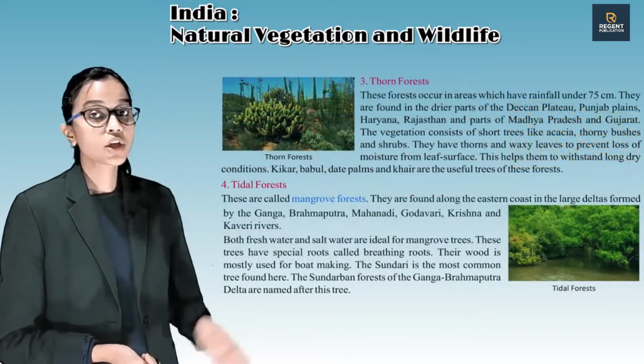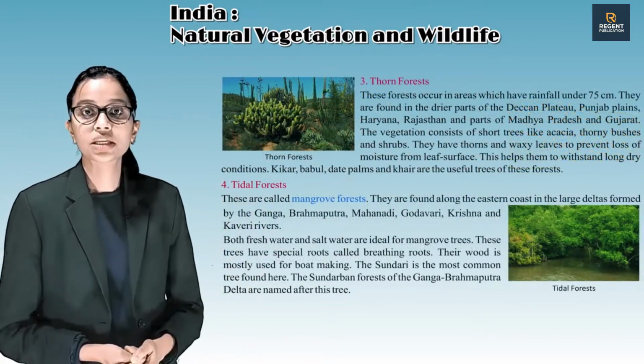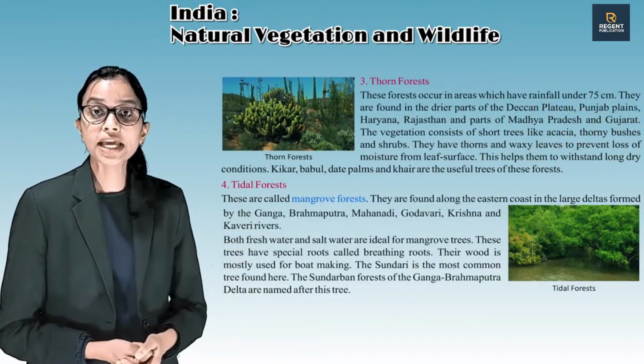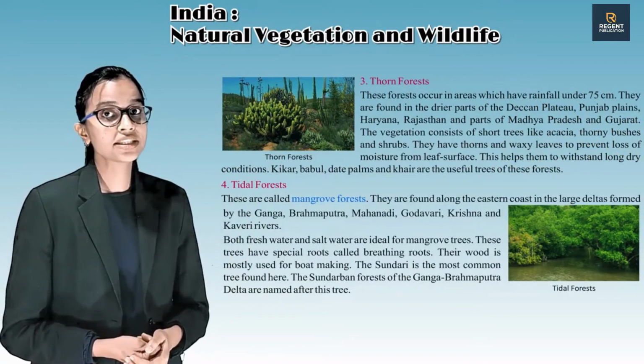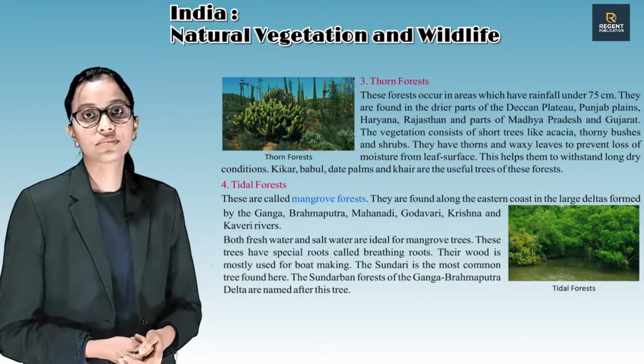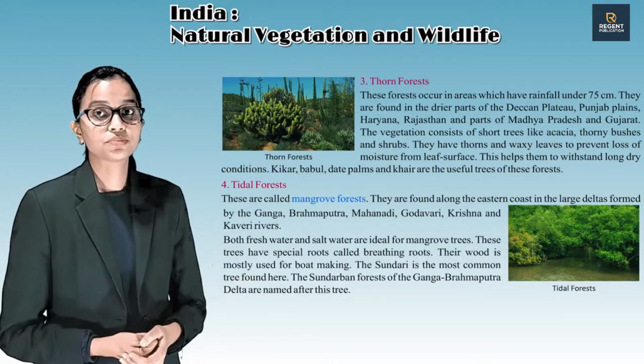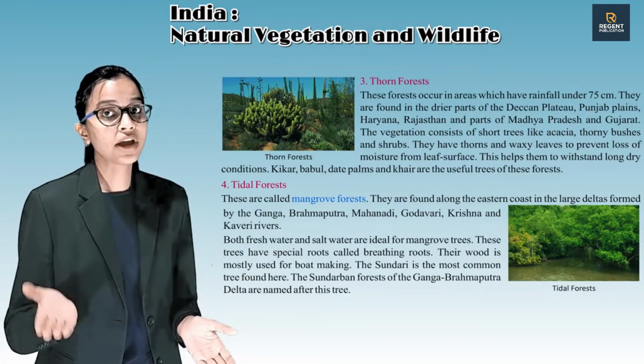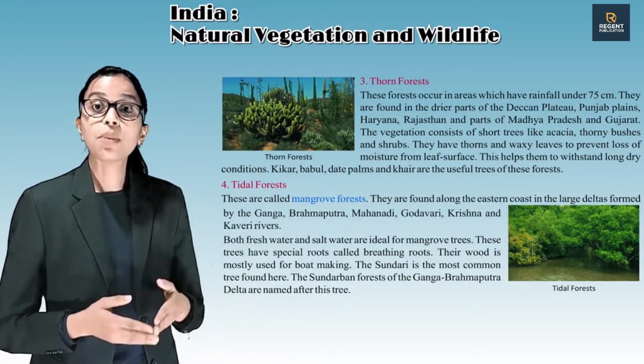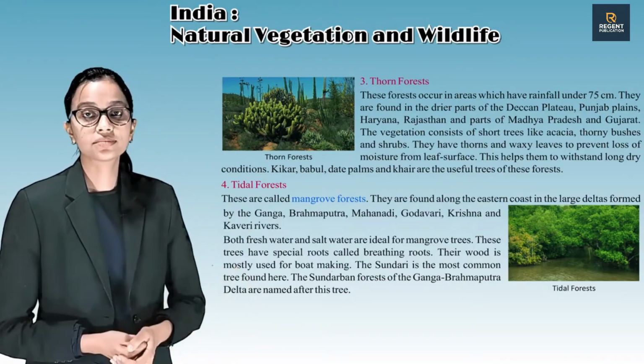The third one is thorn forests. These forests occur in areas which have rainfall under 75 centimeters. They are found in the drier parts of the Deccan Plateau, Punjab Plains, Haryana, Rajasthan and parts of Madhya Pradesh and Gujarat.